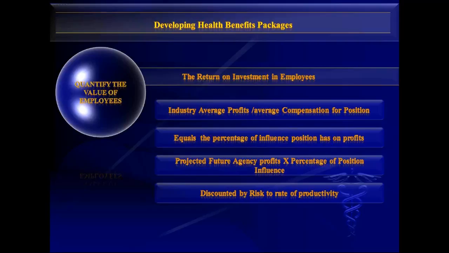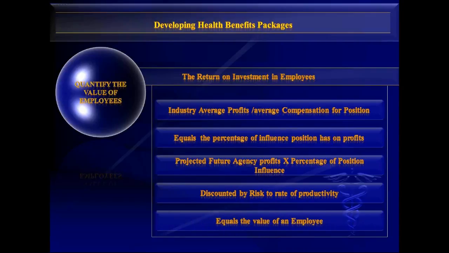Okay, once we determine the total risk to the rate of productivity, we multiply the annual profits by the risk-reduced percentage of productivity we assume that employee can achieve.